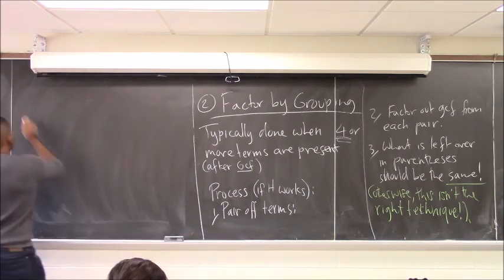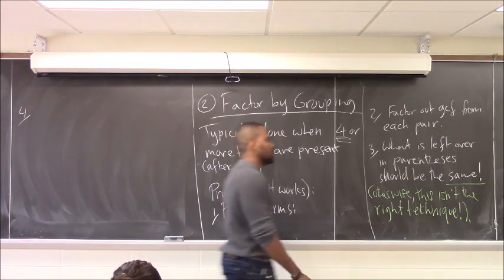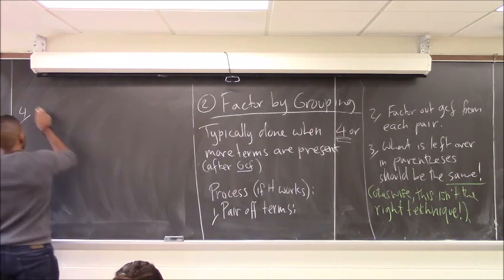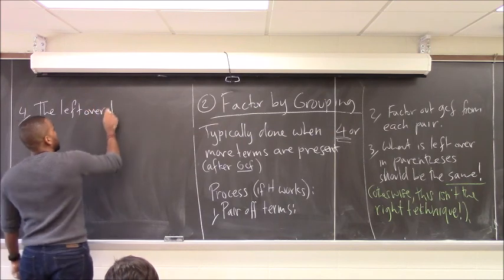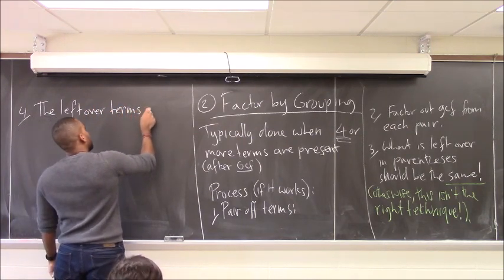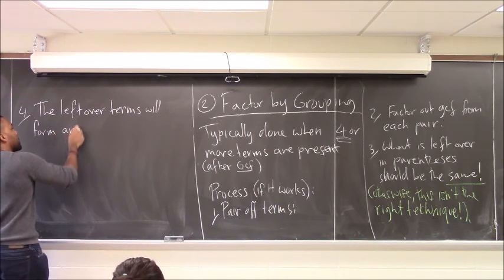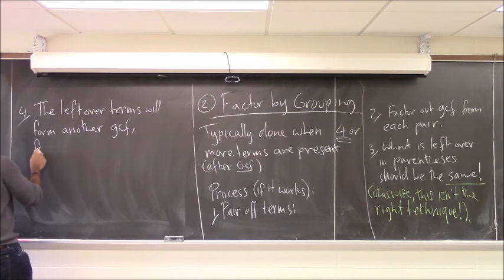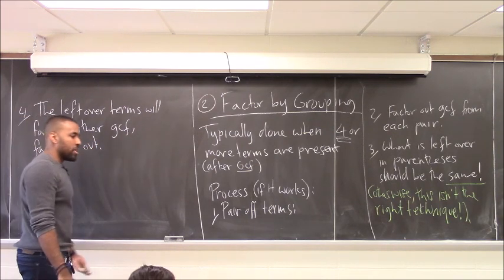Right, now when the two terms that are left over are the same, what you'll notice that you've just done, based on the definition, is you've literally created another GCF. And this is called factor by grouping.